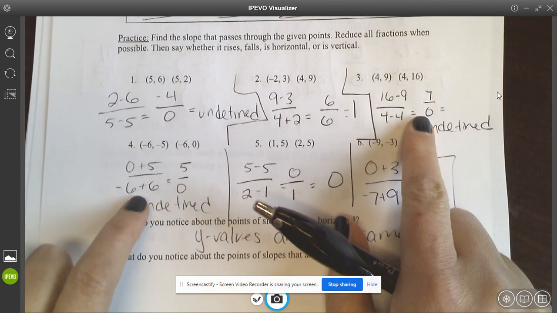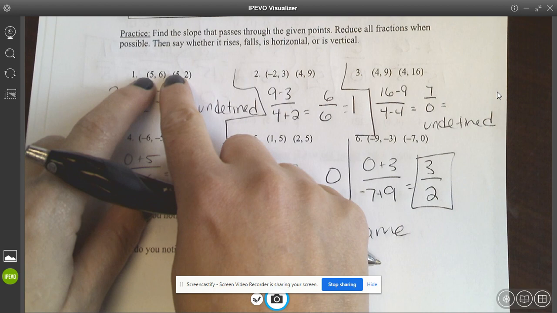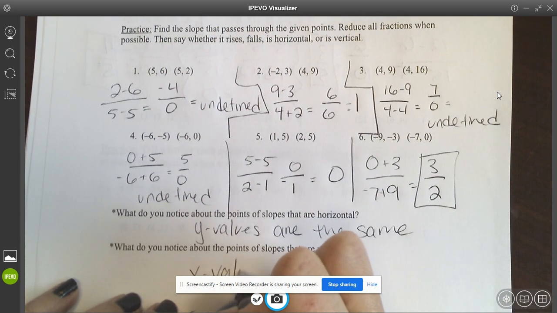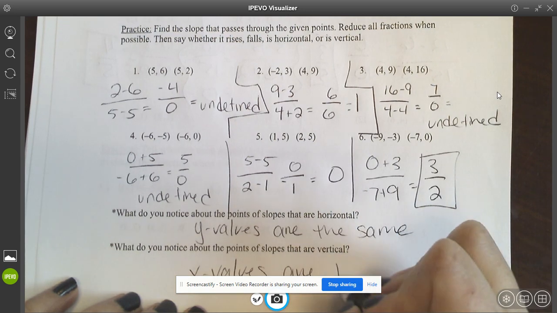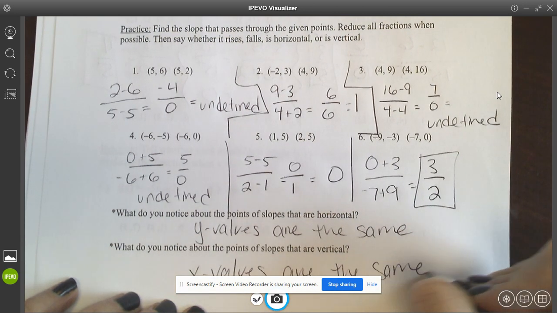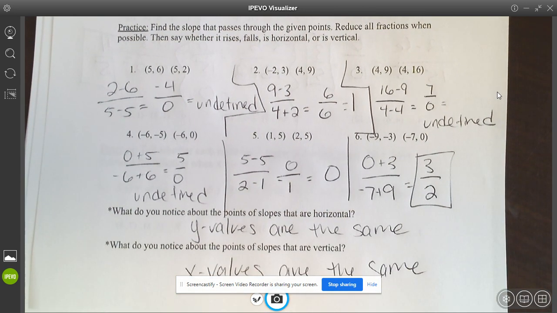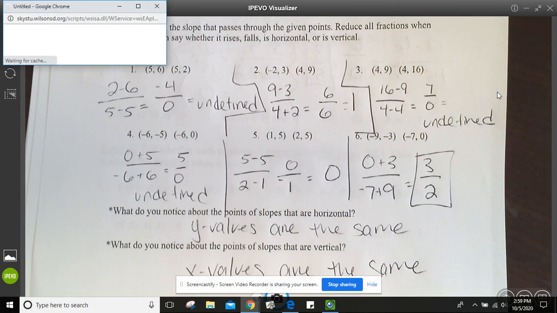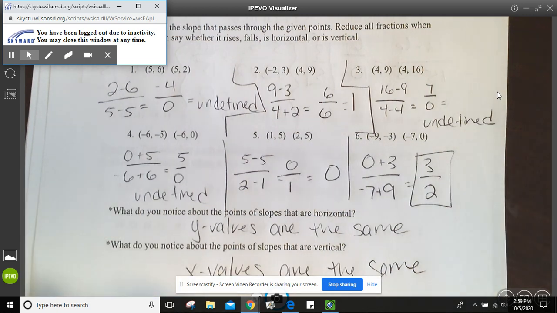And then if you look at all the ones that have undefined, their x values are the same. So if it's a horizontal line, the y coordinate point is the same. 5 and 5 here is your y's. And then if it's a vertical line, your x value of your coordinate points are the same.